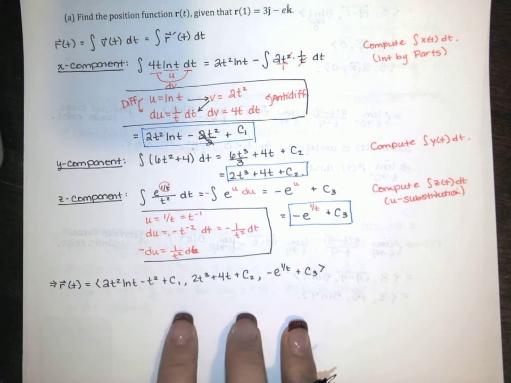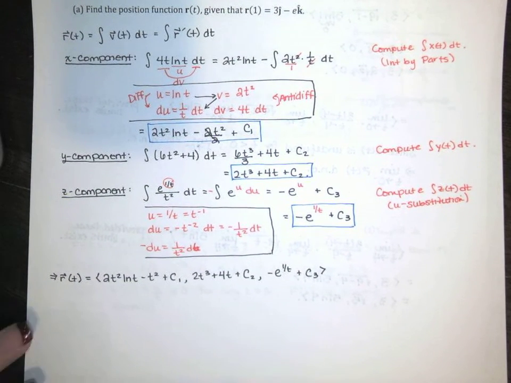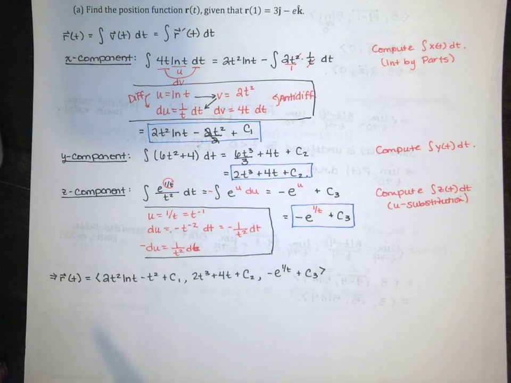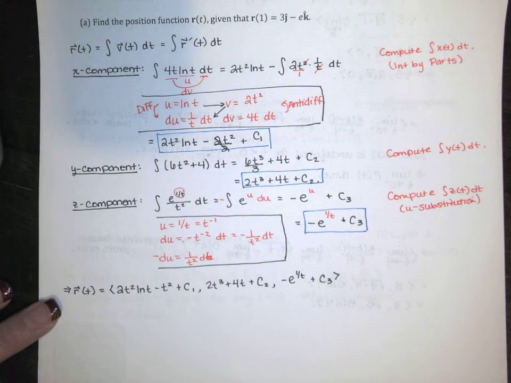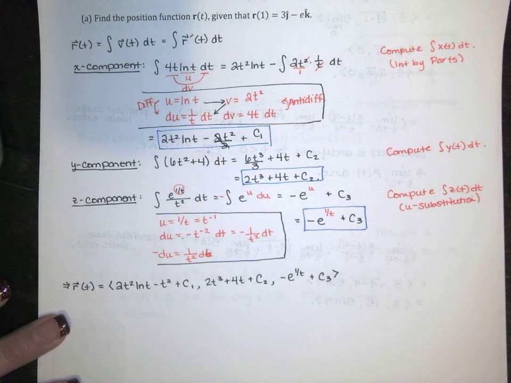Now I don't want this version with all of the arbitrary constants in it, so I'm going to use the initial condition, that is the position at the particular time they gave me, to find c1, c2, and c3. So to do that, I have my r of t.